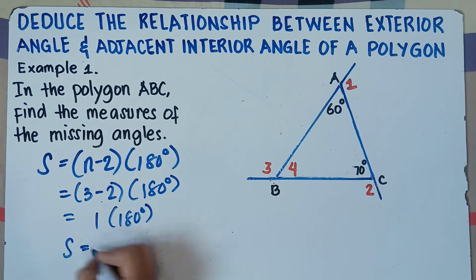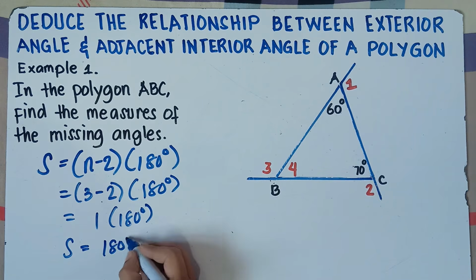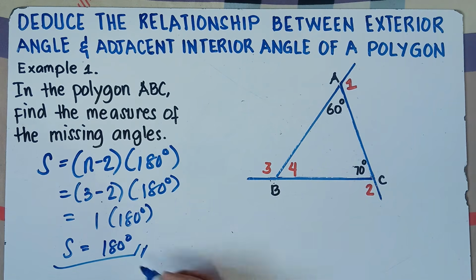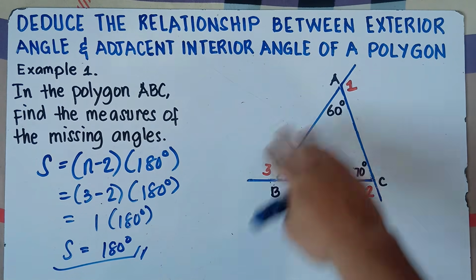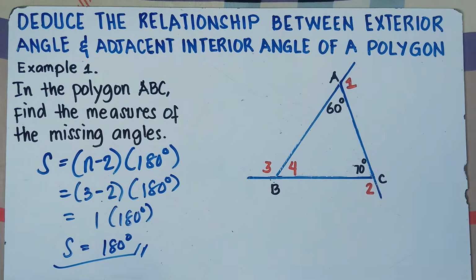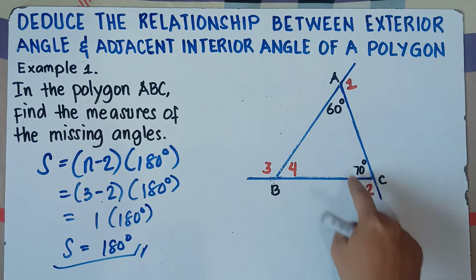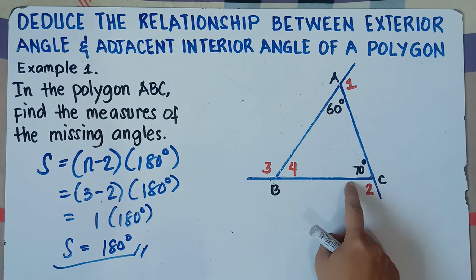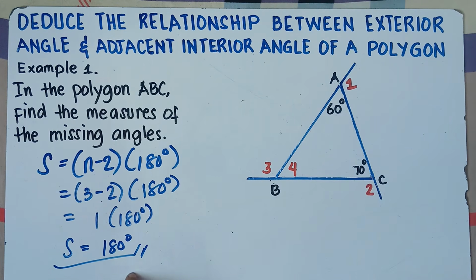Therefore, the sum of the interior angles of any triangle is always 180 degrees. So we can just add 60 plus 70 and subtract it from 180.